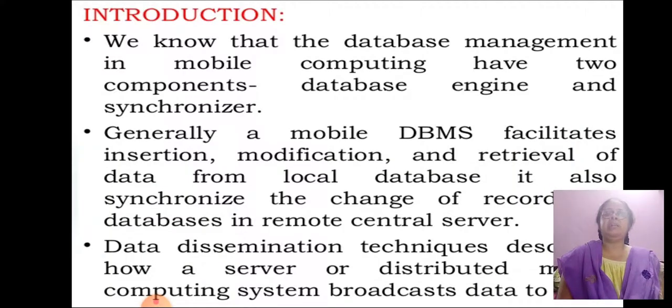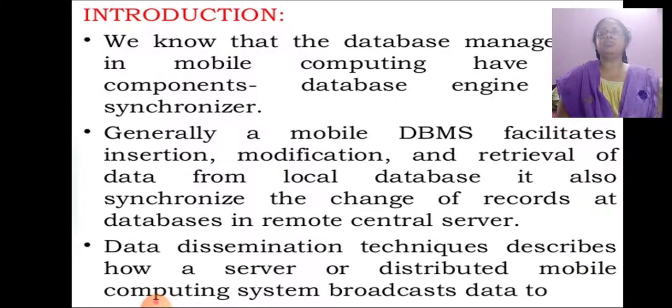We know that database management in mobile computing has two components: database engine and synchronizer. Generally, a mobile DBMS facilitates insertion, modification, and retrieval of data from the local database.